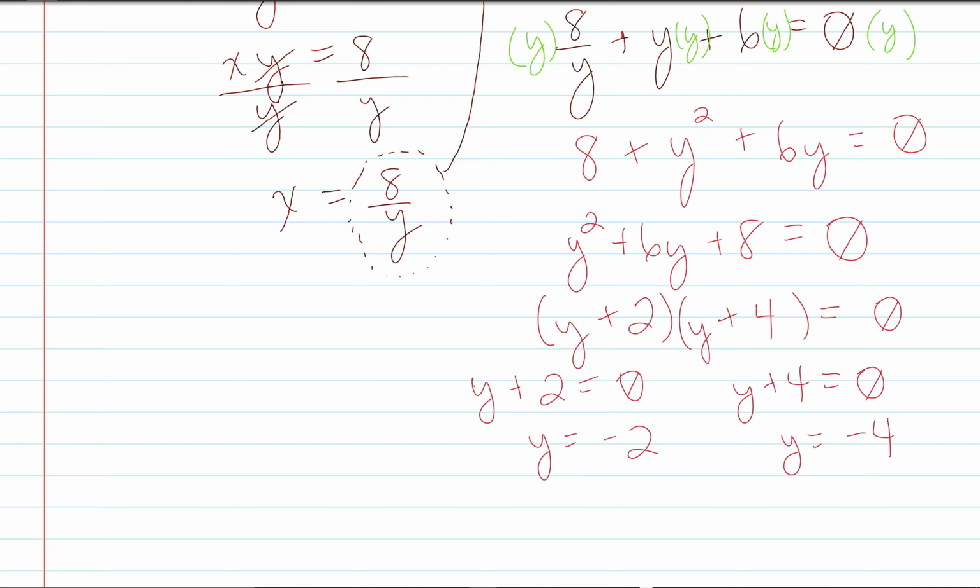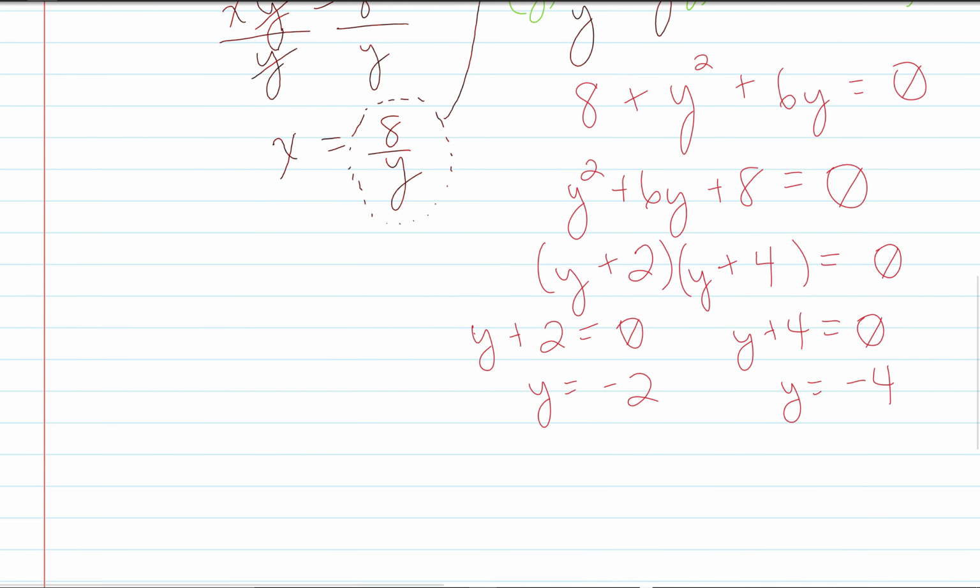Well, we found the y values. So now we're going to plug both of these y values into one of the two original equations. I'm just going to use that xy equals 8 again, and I'll write it on both sides, and I'll draw a little dotted line between the two just to separate the two.